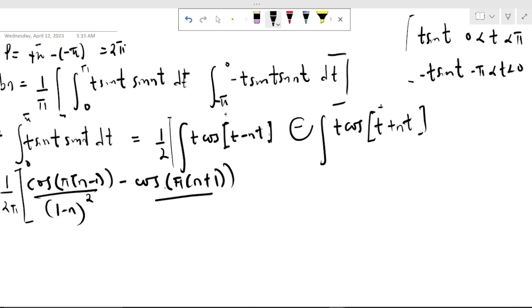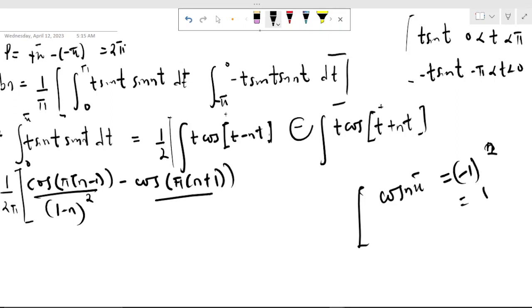Or instead of us putting n plus 1 and n minus 1, recall that I explained in the first tutorial that cos n pi is the same thing as minus 1 raised to the power n, because the value alternates between negative and positive 1 for different values of n. If n is 1, cos pi is minus 1. If n is 2, cos 2 pi is 1, which is the same thing as always doing minus 1 raised to the power 2 and getting 1.